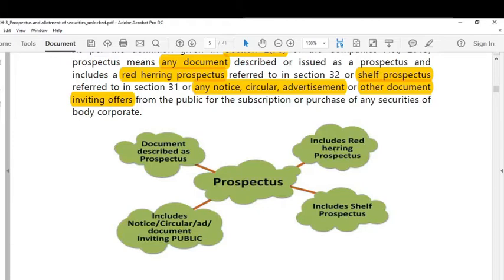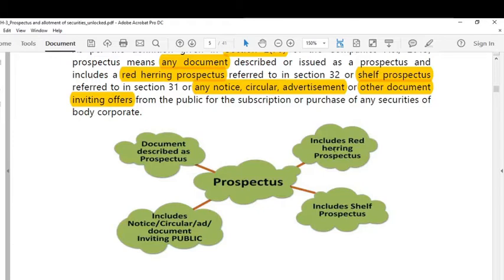This red herring prospectus is issued prior to the prospectus. However, whatever rules and regulations are complied with respect to a regular prospectus will also be complied with while issuing the red herring prospectus.